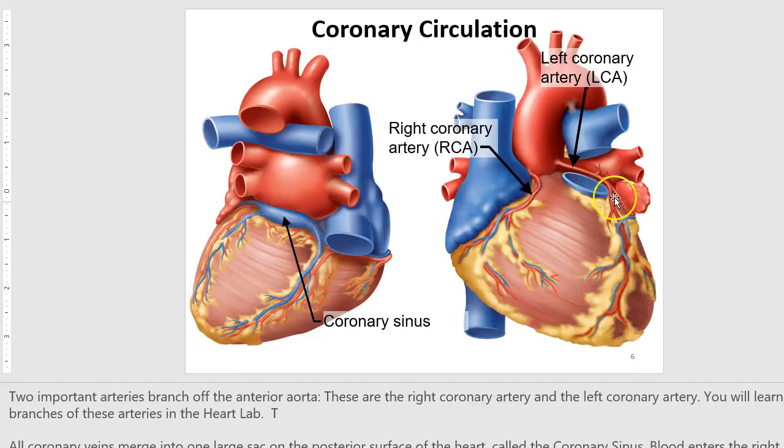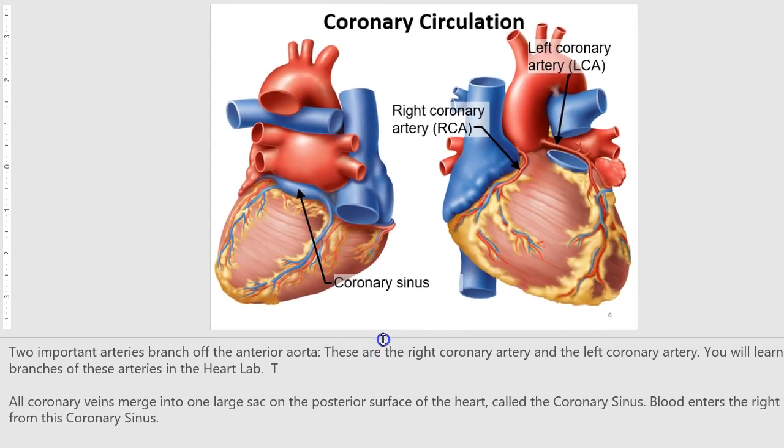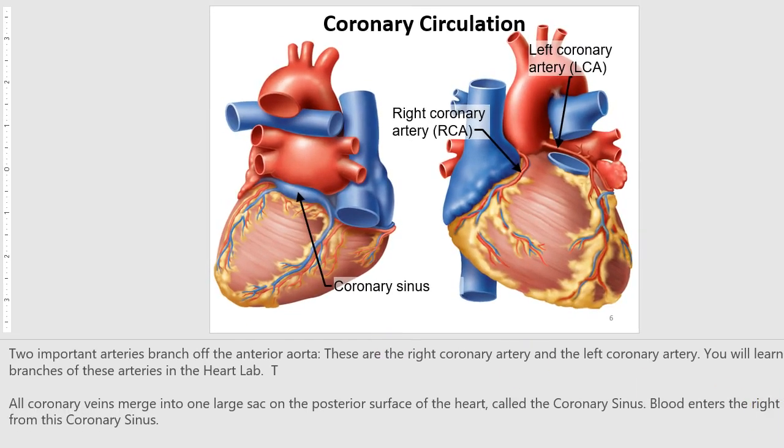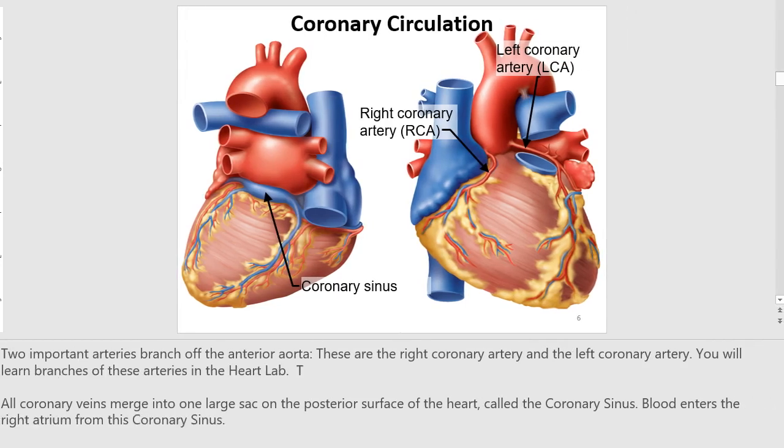So this is a picture of the coronary circulation from the anterior view. This is a picture of the coronary circulation from the posterior view. I have typed my notes here so that you can kind of see them a little bit better. There you go. Okay, so the coronary circulation, there's two important arteries that branch off the aorta, the left coronary artery and the right coronary artery.